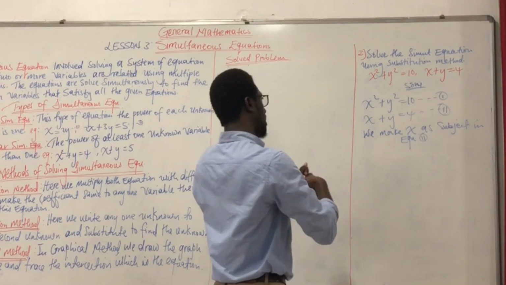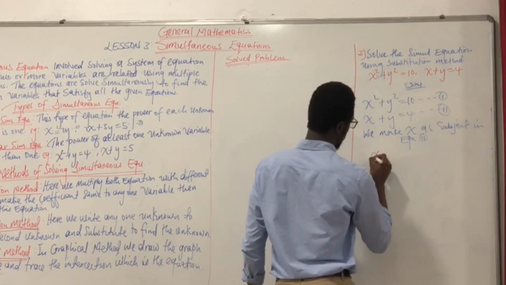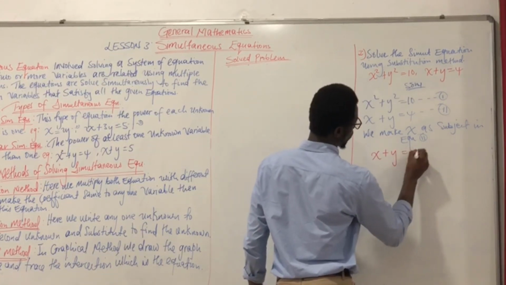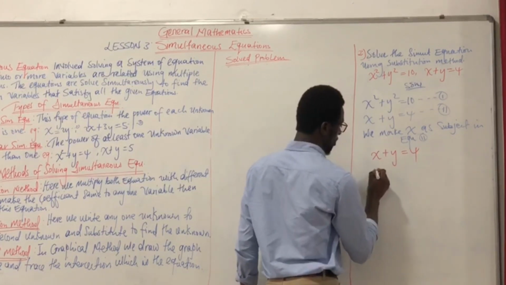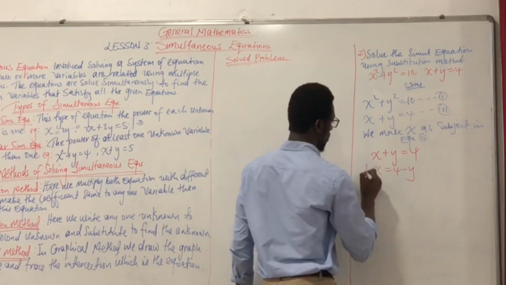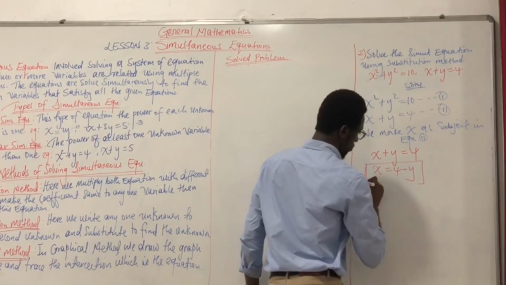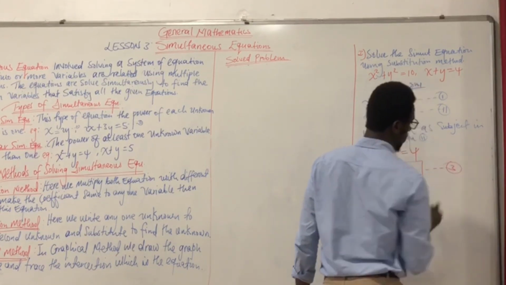So now we can say x plus y equals 4. By making x the subject, we transpose, and this now becomes x equals 4 minus y. This equation we label as equation 3.